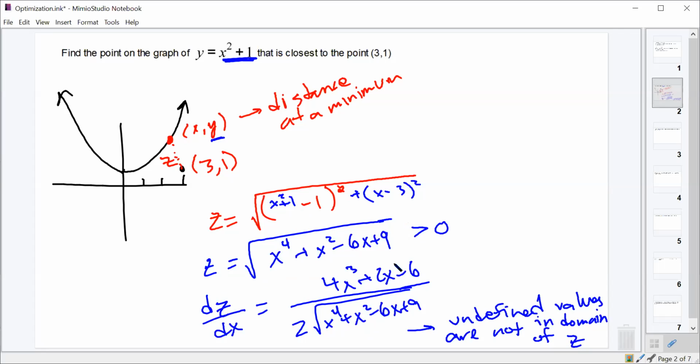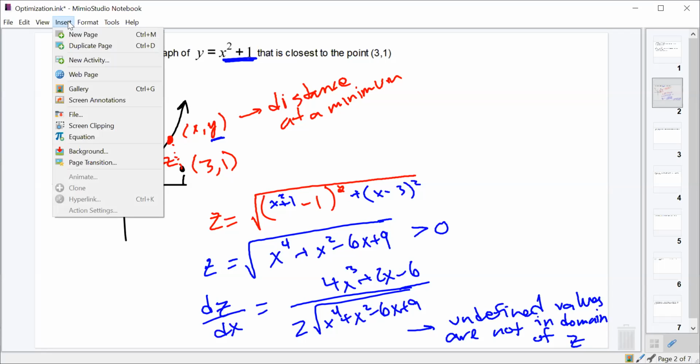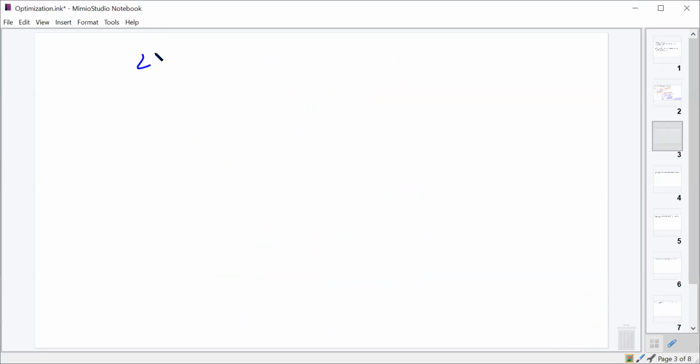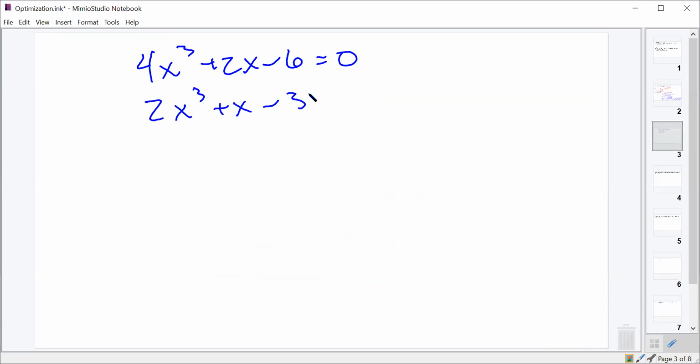And so all we really need to look at is when 4x cubed plus 2x minus 6 equals 0. And if we wanted to, we can make that 2x cubed plus x minus 3 equals 0. And how are we going to solve that cubic? We can't factor by grouping, we'll have to use the rational root theorem.